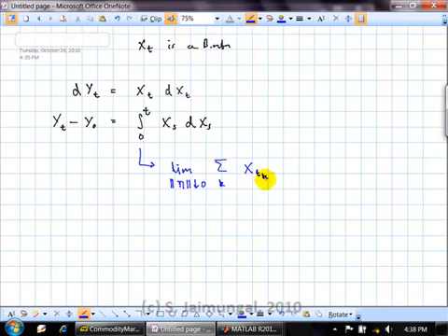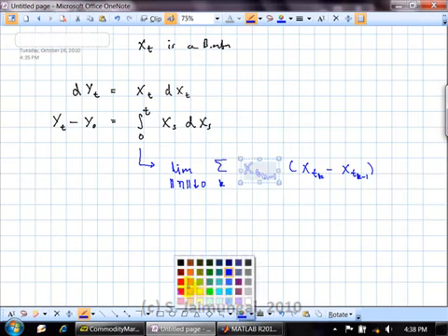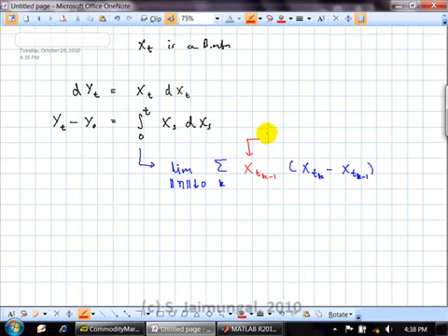And here's the tricky point. So here we'll have the increment of x, from t_{k-1} to t_k. It's very important that this here is the left-hand side. So that's x at t_{k-1}.